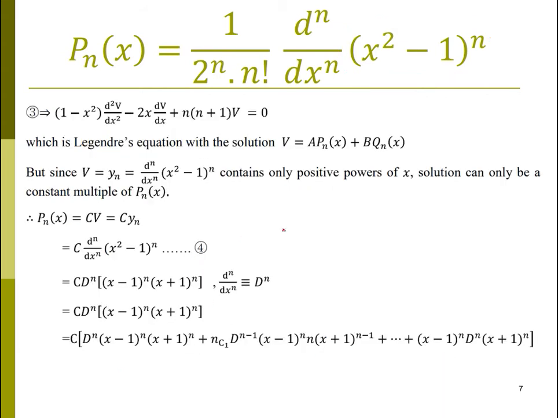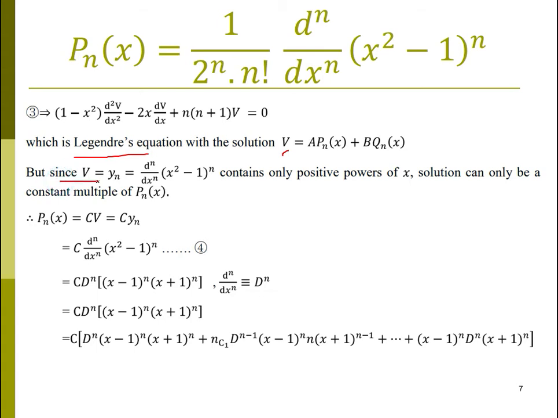Next, (1 − x²) d²v/dx² − 2x dv/dx + n(n+1) v = 0, which is Legendre's equation, and the solution of this equation is v = a Pn(x) + b Qn(x).